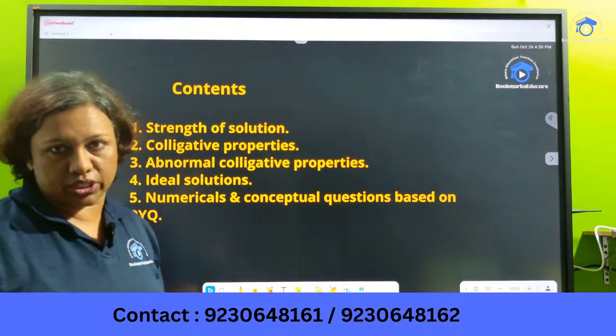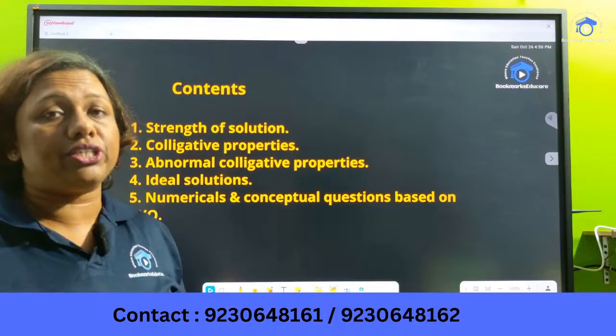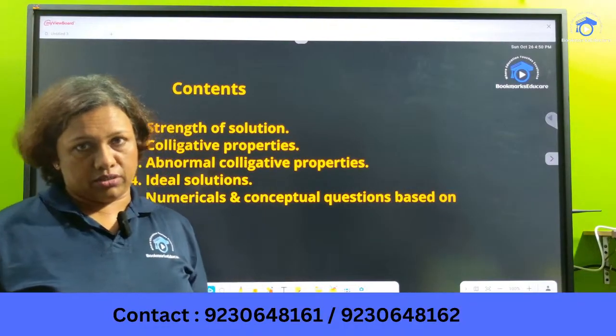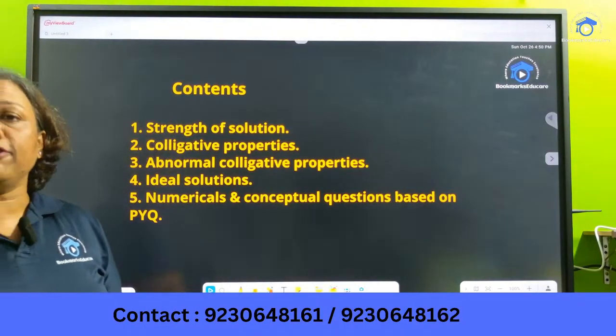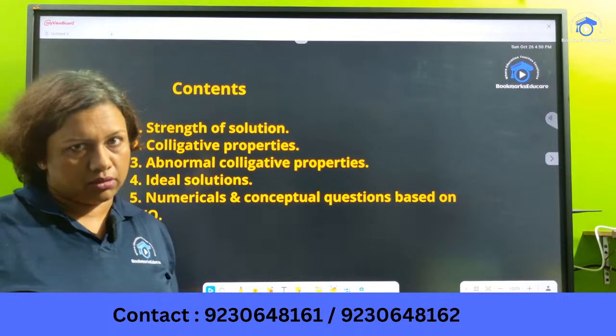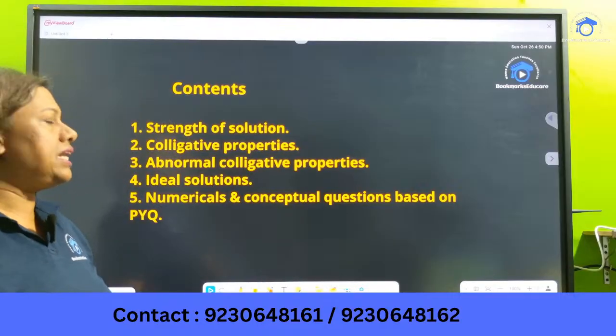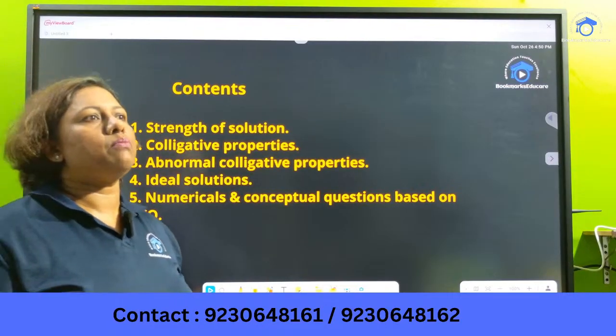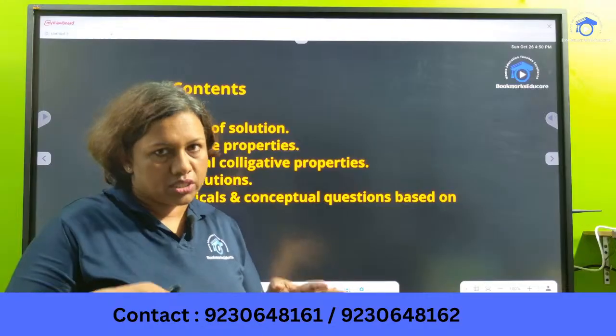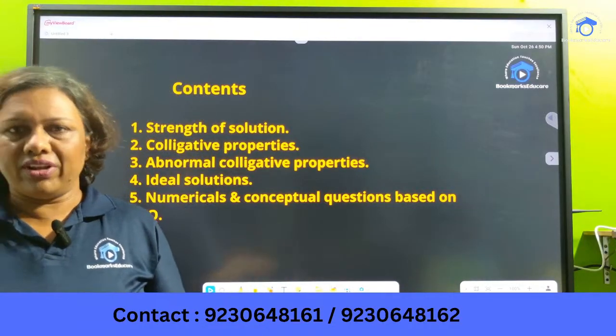First, strength of solution, that is the different concentration parameters of the solution. Next, we learn the colligative properties. I will explain all the topics. Next, abnormal colligative property, then ideal solution, and then some question answers based on conceptual and PYQ related.